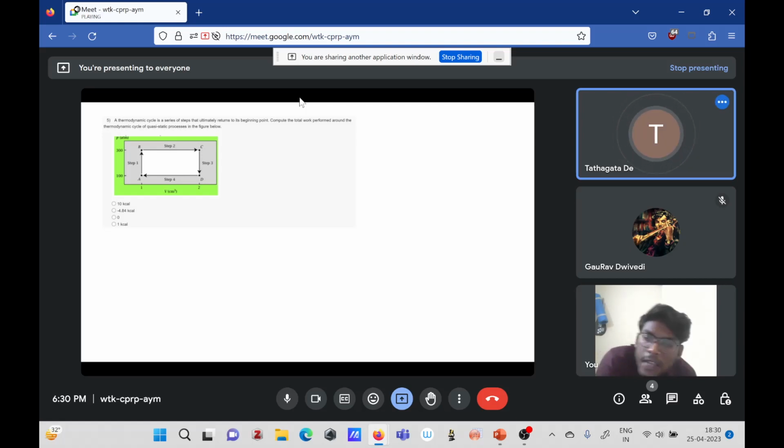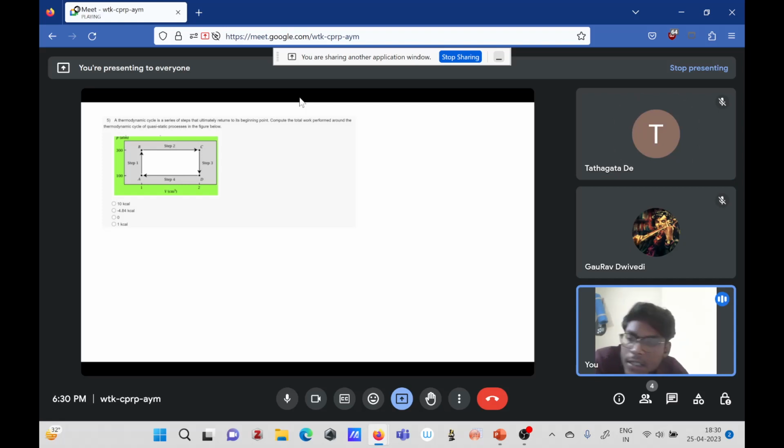Okay. Anyway, let's see this problem. Problem number 5 says, a thermodynamic cycle is a series of steps that ultimately returns to the beginning point. Compute the total work performed around the thermodynamic cycle of quasi-static processes in the figure below.